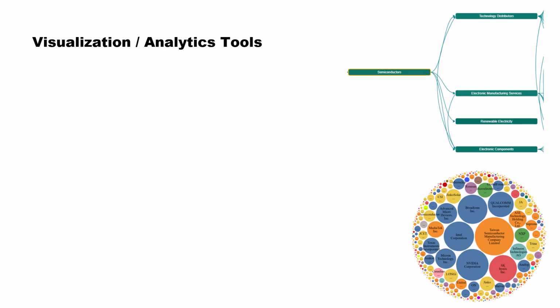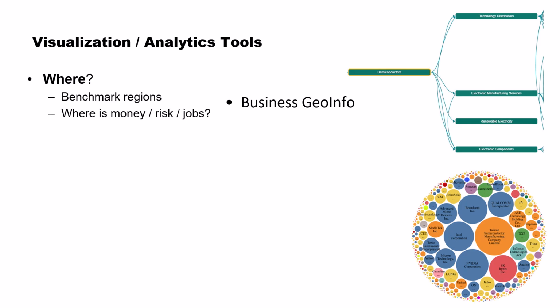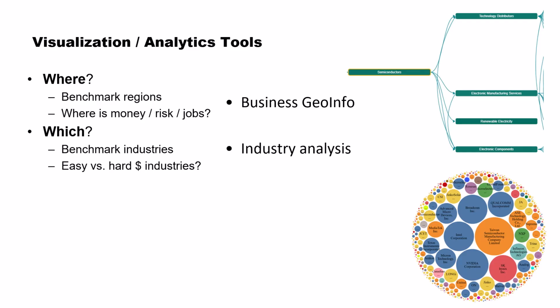The database is embedded with visualization and analysis tools, including business geo-information tools to answer the where questions by benchmarking on regions, such as where is the money, risk, and jobs. Industry analysis tools can answer the which questions by benchmarking on industries, such as which industries are easy money and which are hard money.